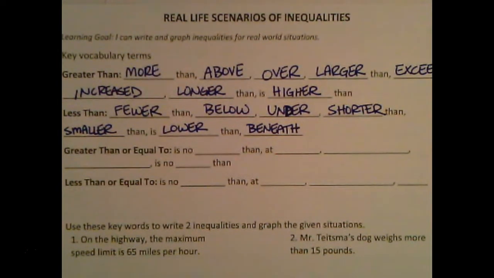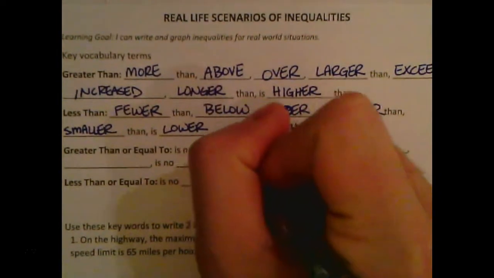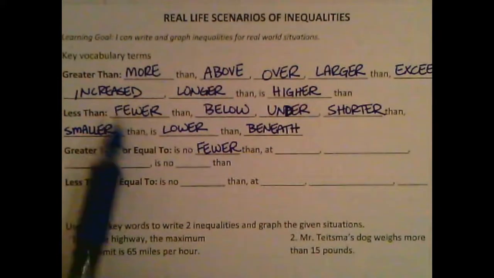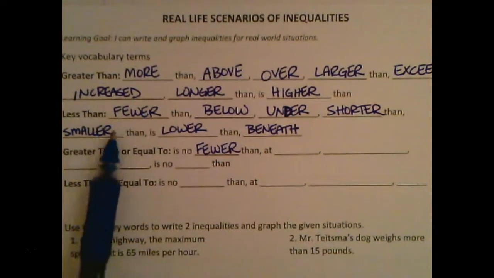Now, the next one we're going to talk about gets into something that can get kind of tricky, which means you need to make sure you're paying attention to everything that you're looking at. And that gets us into greater than or equal to. The reason this is tricky is the first one is no fewer than. If you only look at the word fewer, both less than and greater than or equal to have fewer in it, but they mean different things.